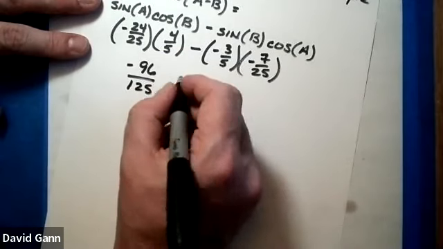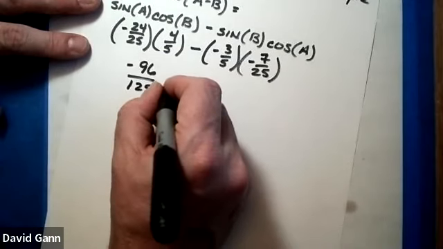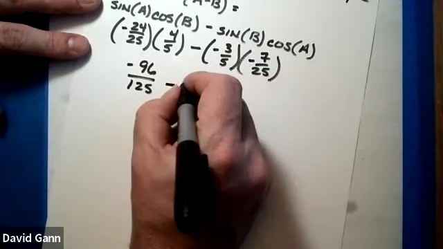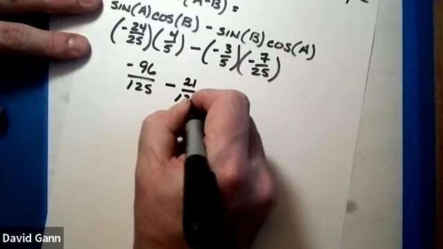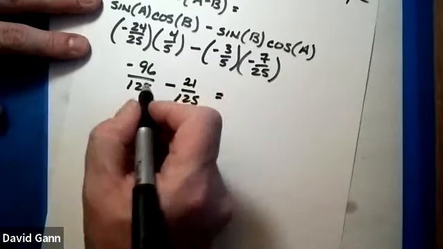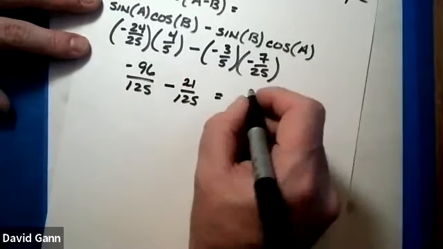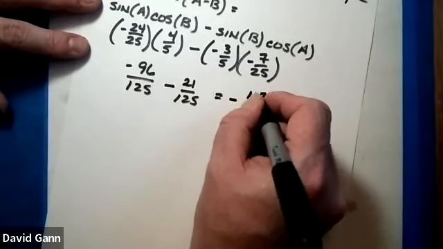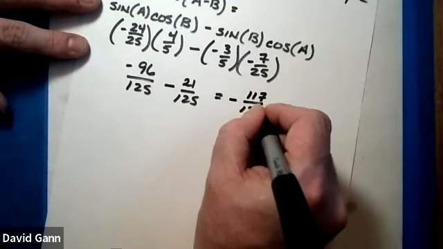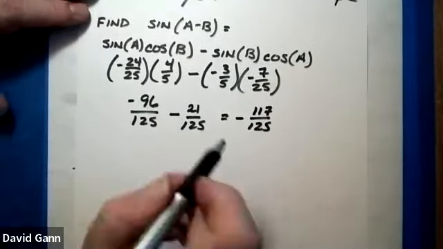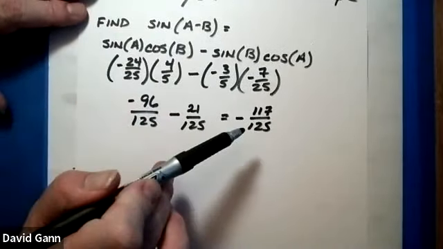Let's see, minus 21/125, which equals a grand total of -117/125. So this is sine of A minus B. Bang, bang.